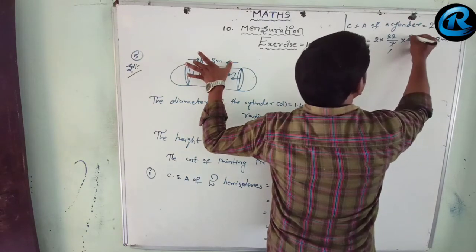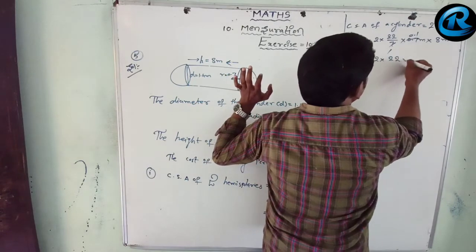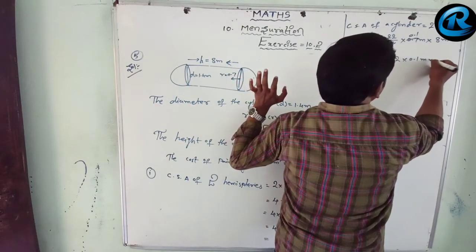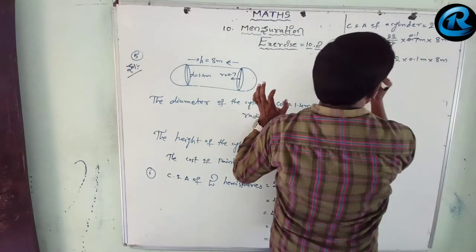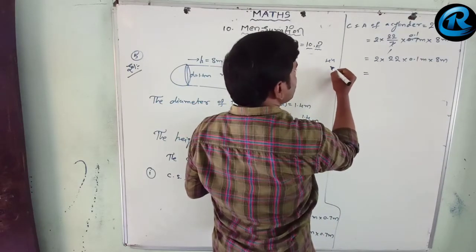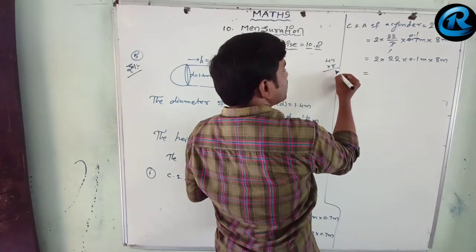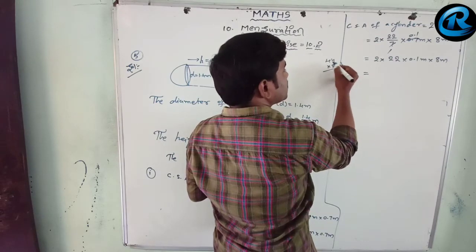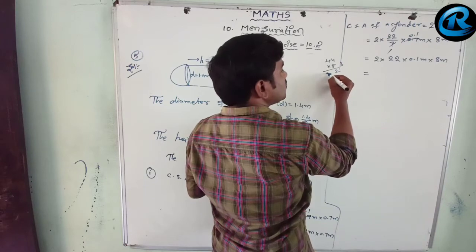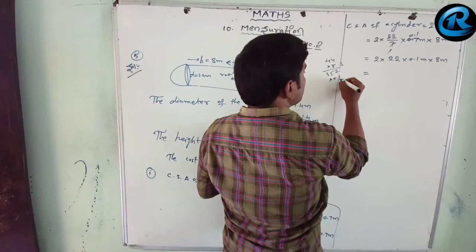Here 7 ones are 7, 0.1s are. So 2 into 22 into 0.1 meter into 8 meters. So let us multiply this. 2 into 22, that is 44 into 8.